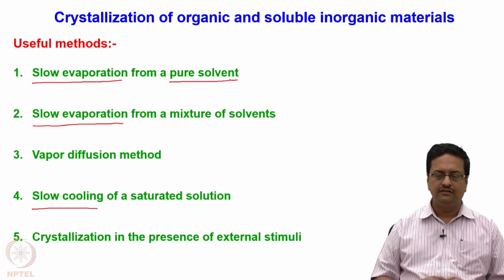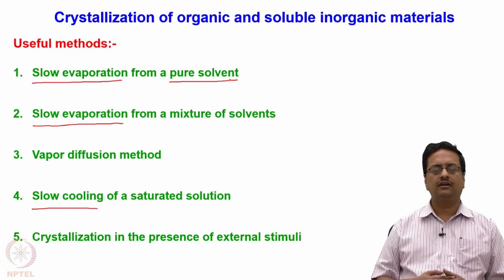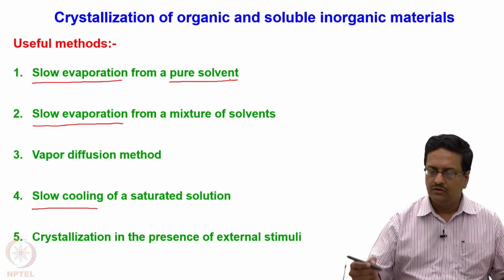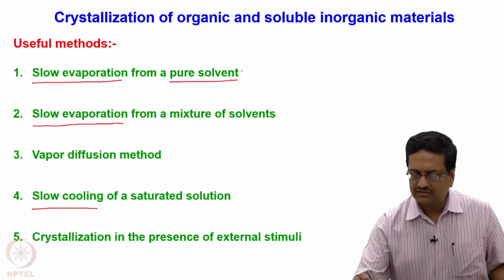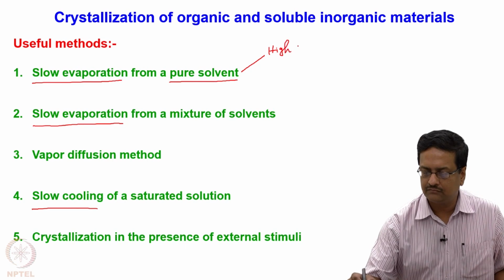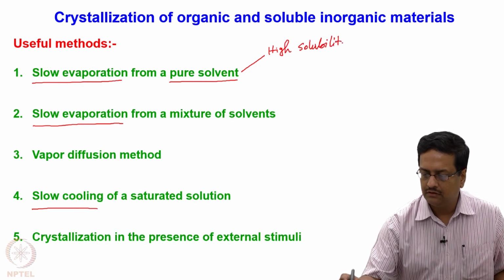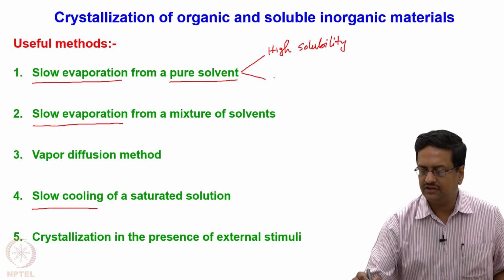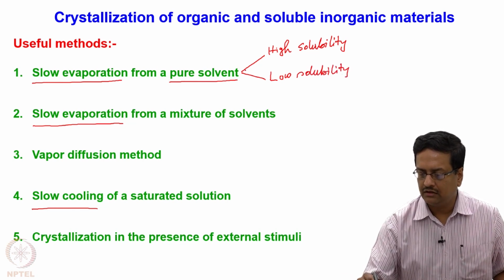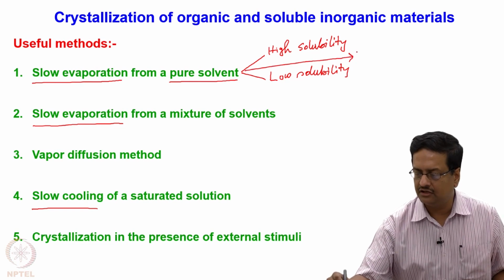So when we are trying to crystallize from a pure solvent, we need to keep a few things in mind. We first need to know what compound we are dealing with. We need to know in what solvent we have high solubility, in which type of solvent we have low solubility, and in what kind of solvent it is insoluble.